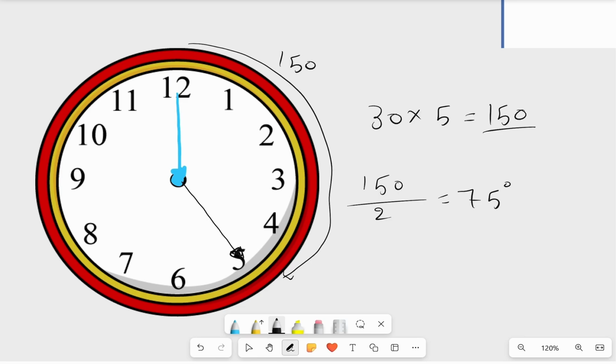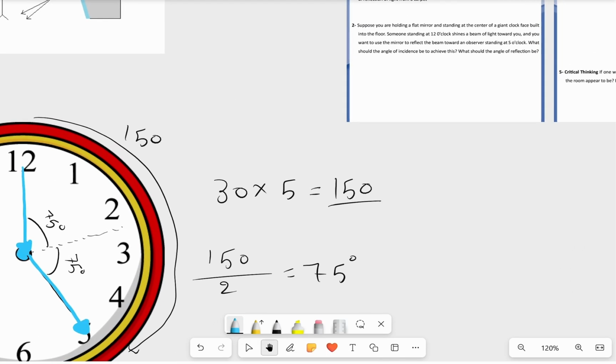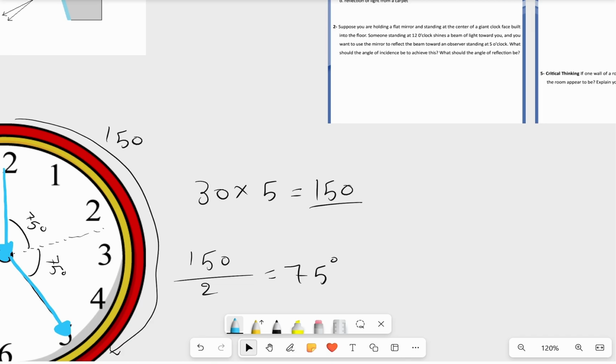So by dividing by 2, you get equal angles of incidence and reflection. This is going to be 75 degrees, and this side also is going to be 75 degrees. So the angle of incidence and the angle of reflection should be 75, so that the light beam that comes from number 12 is reflected to number 5.